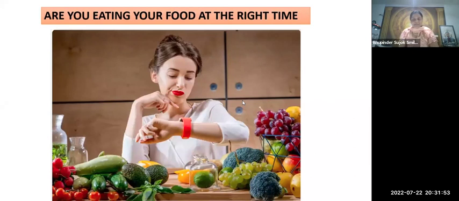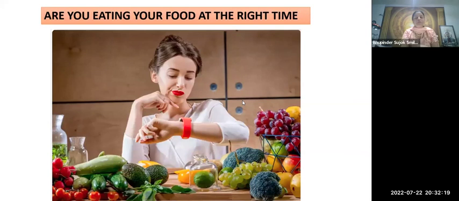So in the morning, it is very good if we eat a good breakfast, nice and nutritious, and you can also have a good quantity, because in this time your digestive system is so good. Jatar Agni, this fire, is very good in the stomach. It can melt, it can digest, it can process your food very nicely.